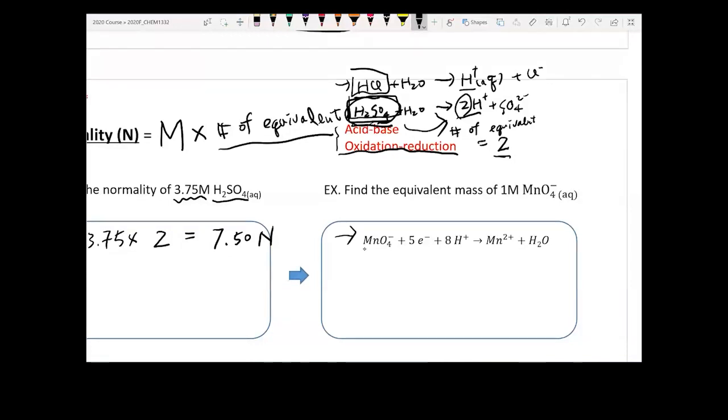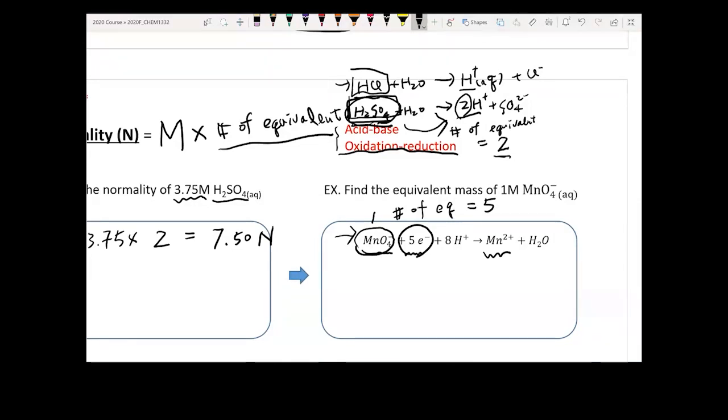Okay, so this is one example. You can see MnO4- is going to interact with 5 electrons to produce one manganese 2+ in a reduction reaction. That means one of these is going to consume 5 electrons. So in this case, your number of equivalents is going to equal 5.